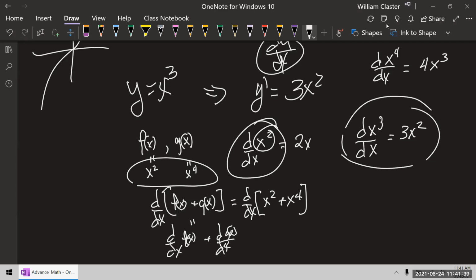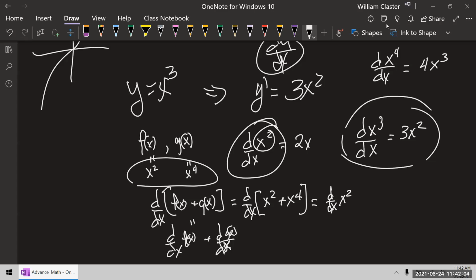So using that rule, if I want to know the derivative of this, the rule says I can do the derivative of the first one plus the derivative of the second one. That means I can do this, d of x squared, like that. That means the derivative of the x squared one. I'm just using different notation all over the place here. I'm sorry about that.